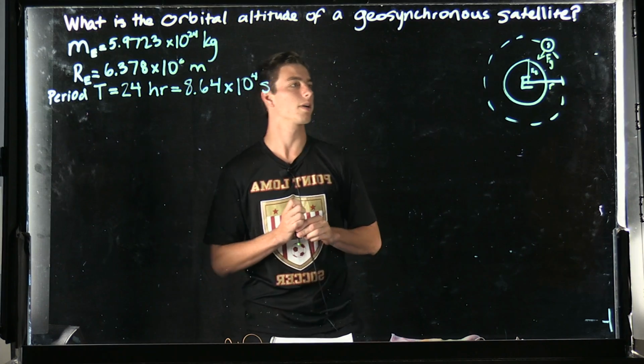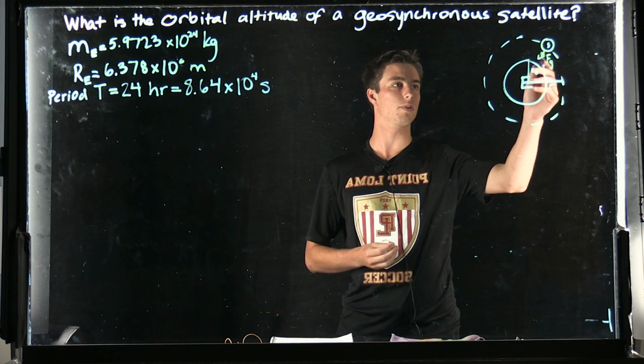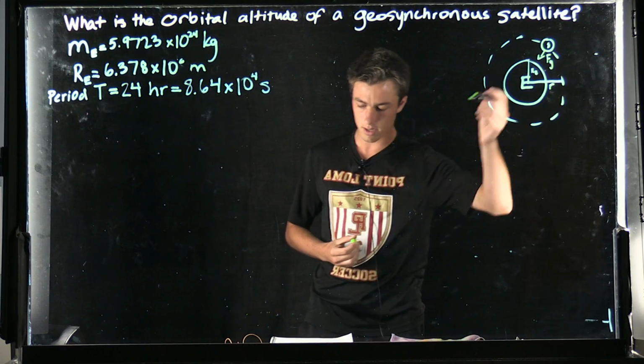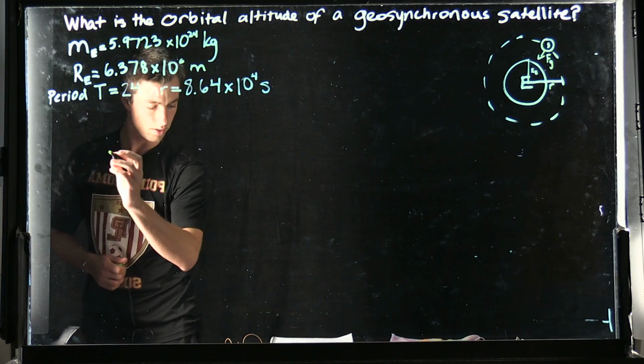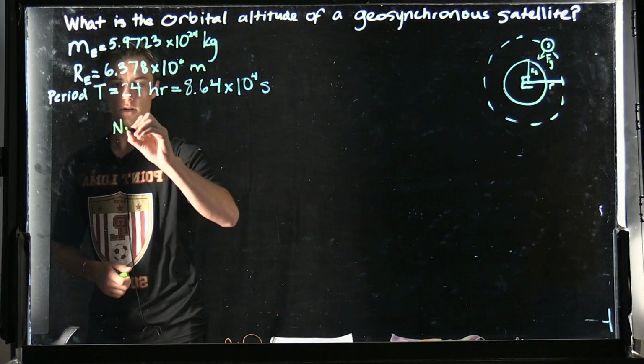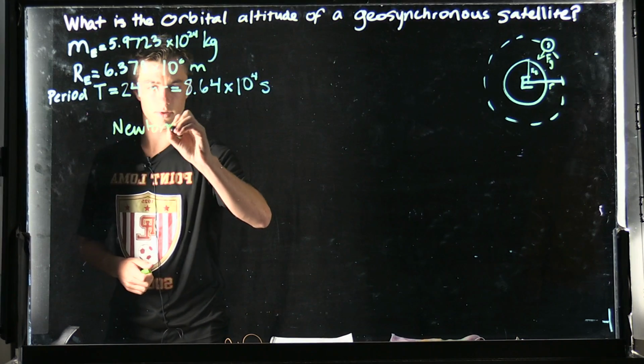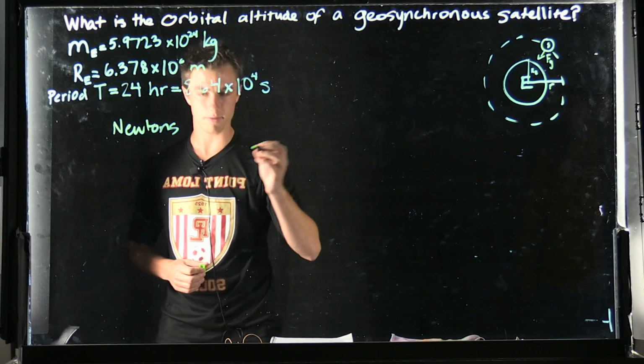Now, we are going to try to find the force of gravity that's acting on this satellite. And to do that, we're going to use Newton's universal law of gravitation.